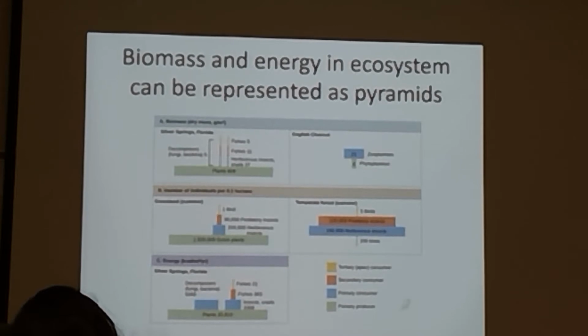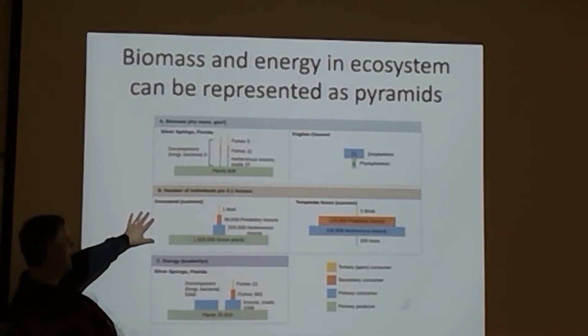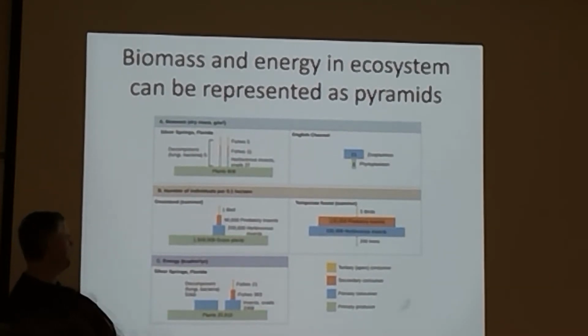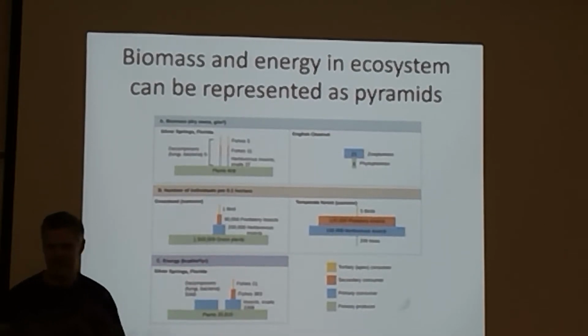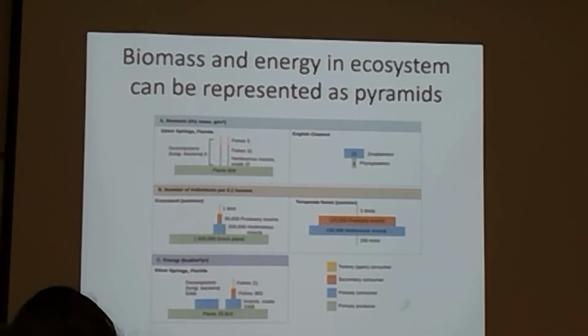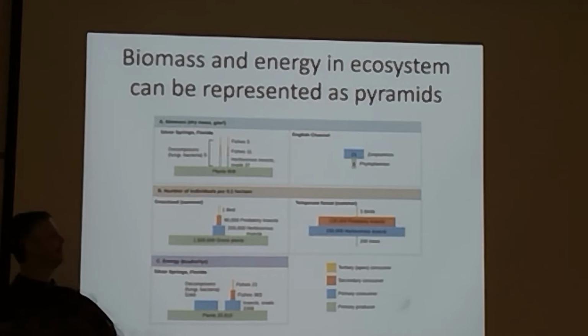In the middle here are these number-based pyramids, which I absolutely hate. And if I could rip them right out of Symmutex, I absolutely would. Nobody actually uses these in research, but I think they are probably shown for the sole purpose of saying that the number of individuals at each trophic level doesn't necessarily correspond to the amount of energy at each trophic level.